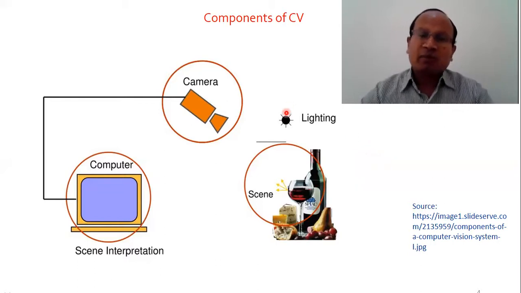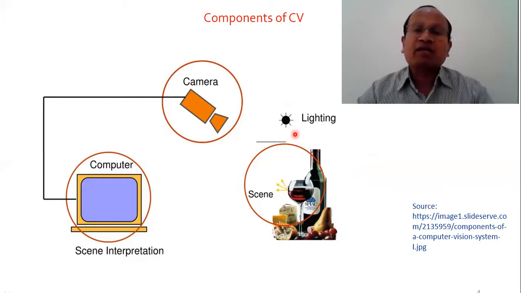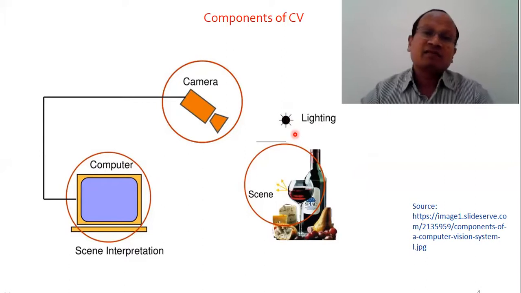There will be a source of light, a natural source of light, outside it is sunlight, or inside some building, room, hall, or house. But the light is necessary to illuminate the object.